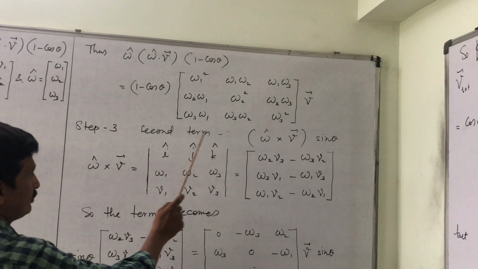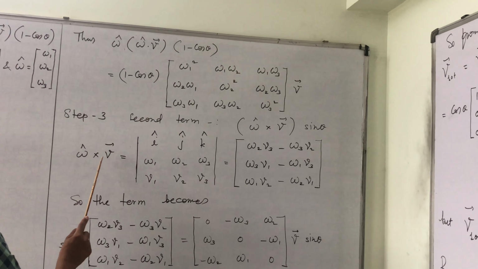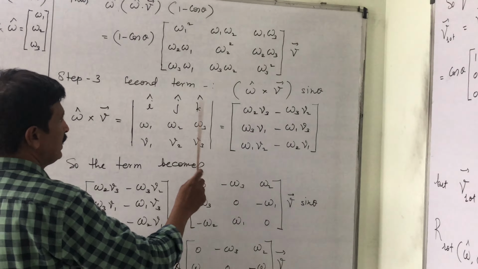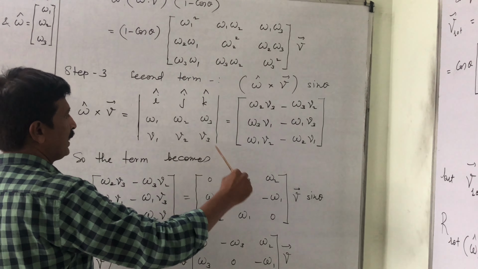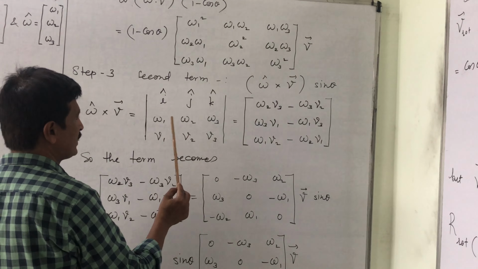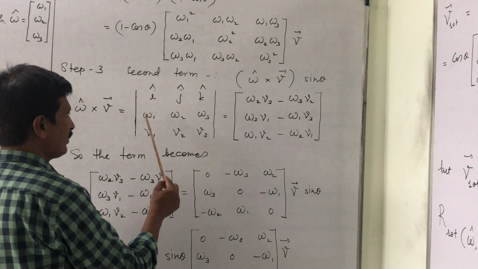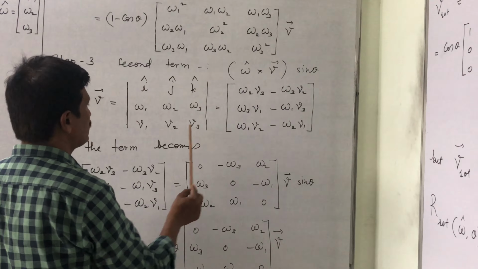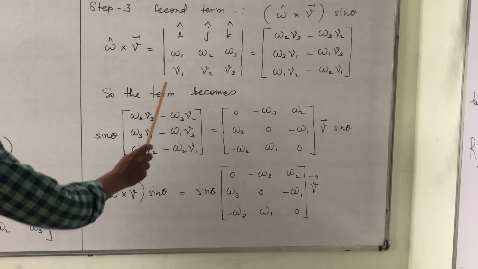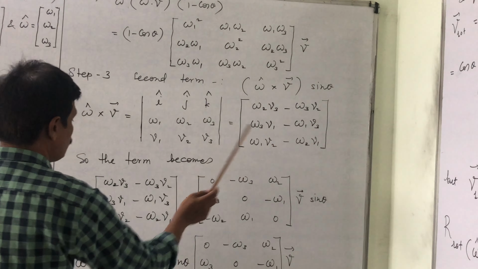Step 3, the second term: omega cap cross V into sin theta. So omega cap cross V is the determinant with i, j, k; omega 1, omega 2, omega 3; V1, V2, V3. So for i, I cancel this: omega 2 V3 minus omega 3 V2. For j, I cancel, but minus 1 is there, so we put it again: omega 3 V1 minus omega 1 V3, and this one: omega 1 V2 minus omega 2 V1. So the term becomes sin theta into this.